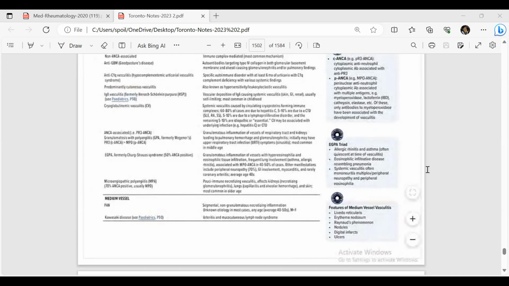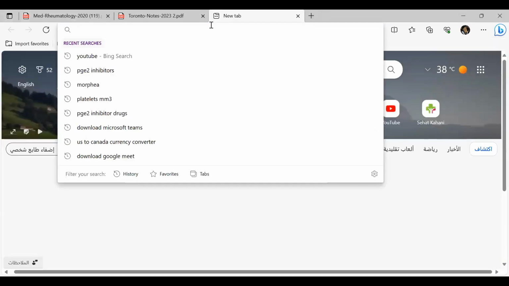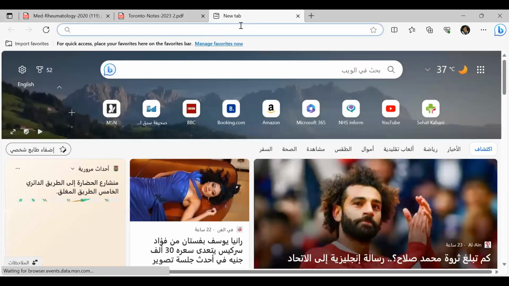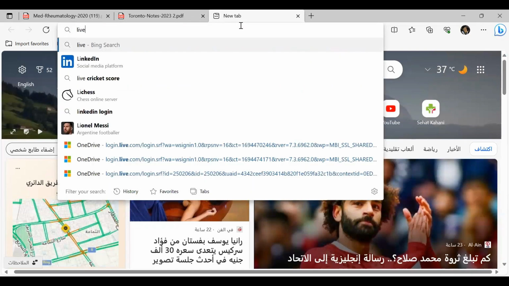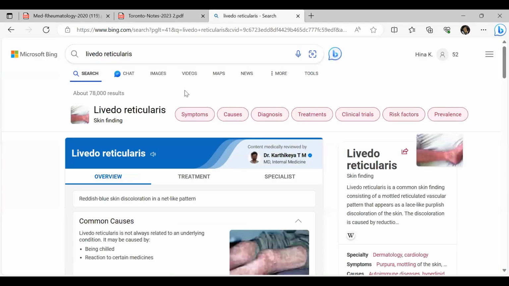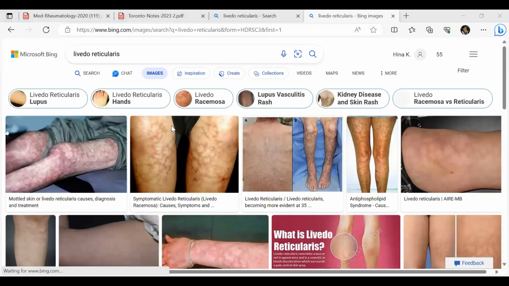Features of medium vessel vasculitis. I will just show the pictures as well, so we can see how it is presented. Livedo reticularis, so it will be presented like this.